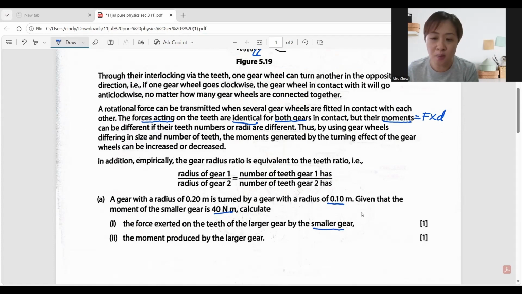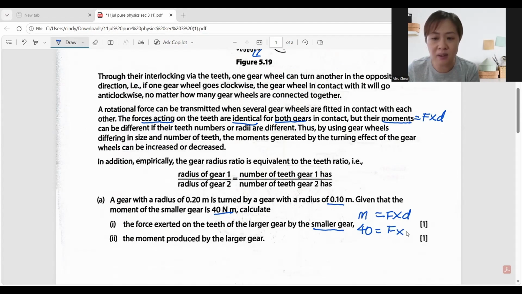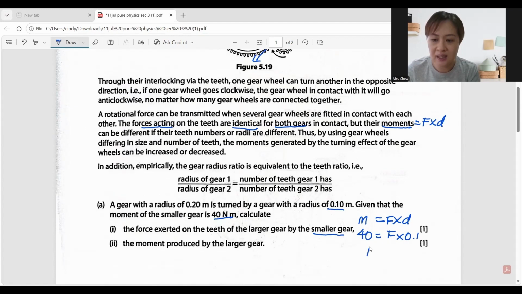Moment is equal to F times D. We have the moment, which is 40 Newton meter. We don't have the force. And the perpendicular distance is 0.1. Use your calculator: 40 divided by 0.1. So the force is 400 Newton.